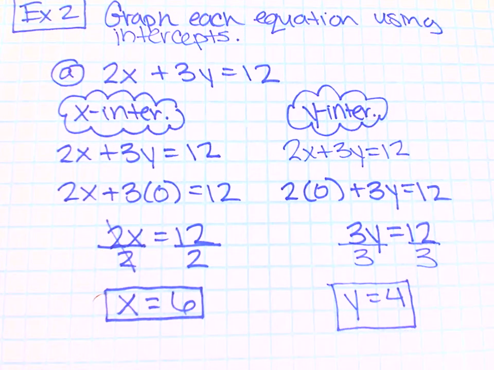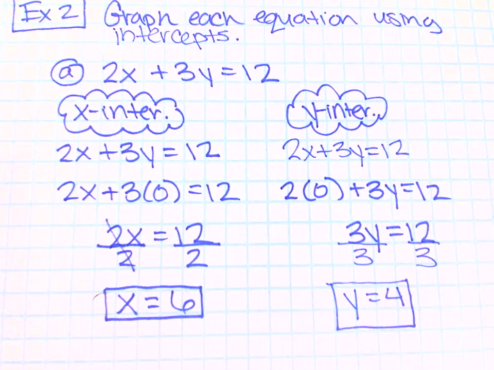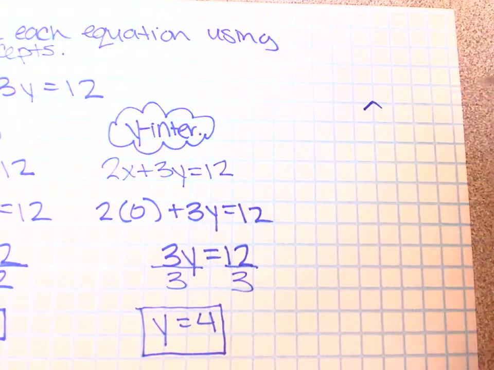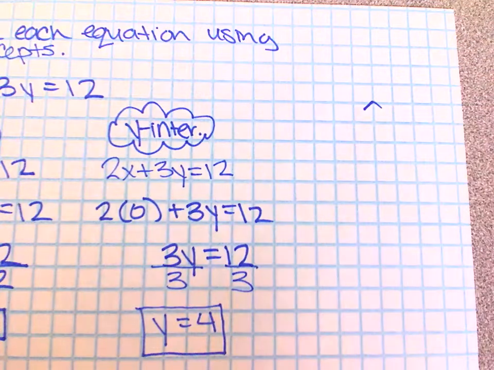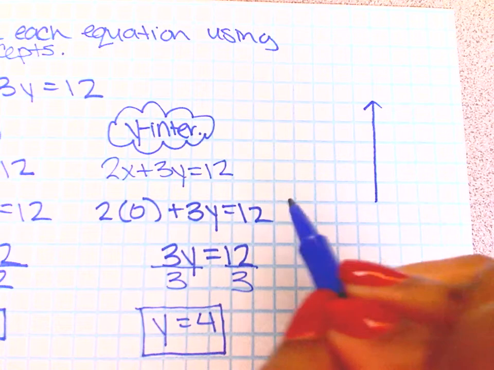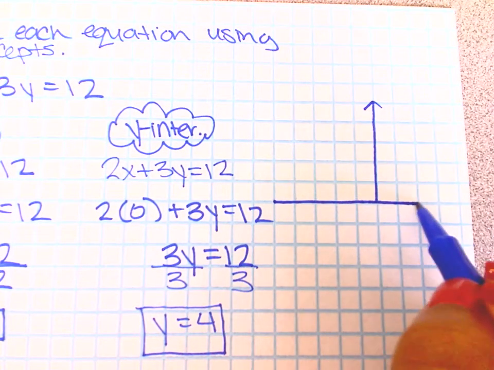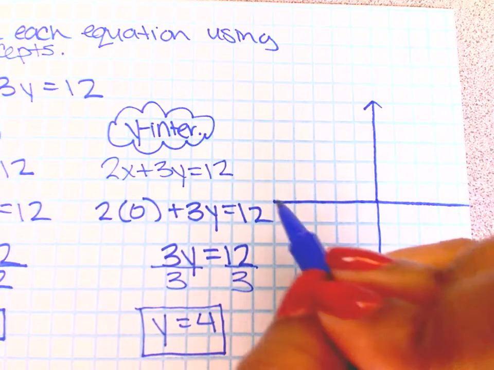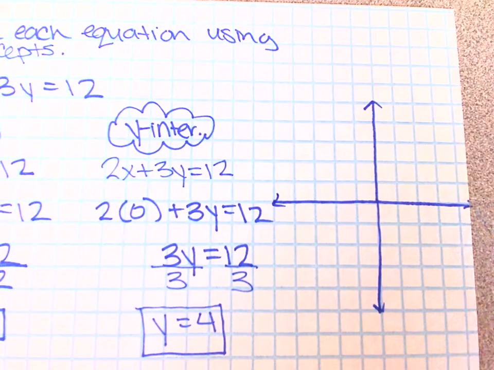Miss Graham, that's so easy. Well, it's not over. They ask us to graph it. Okay? So what you're going to do is, I'll see if I have any space over here. You're going to graph. And I'm going to graph by 2, so I'm going to make it about 5 long. So I'm going to draw my graph.